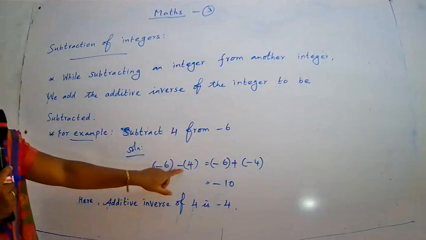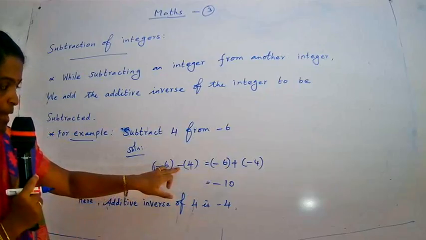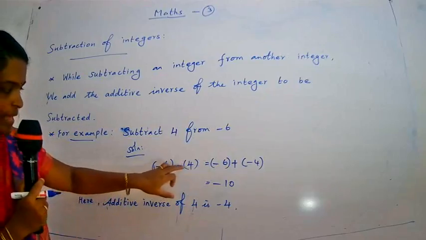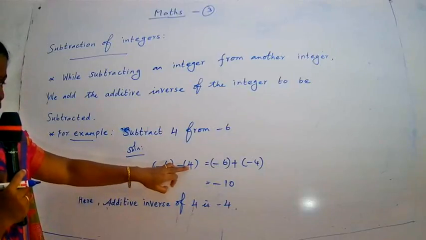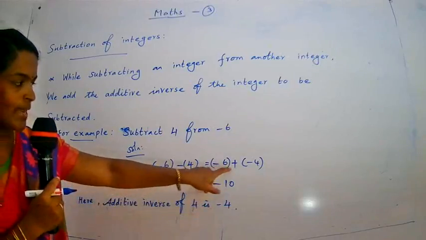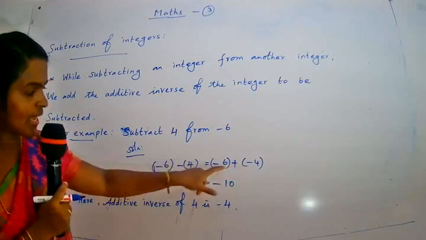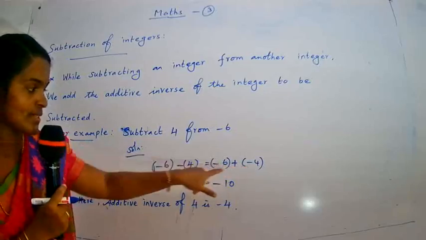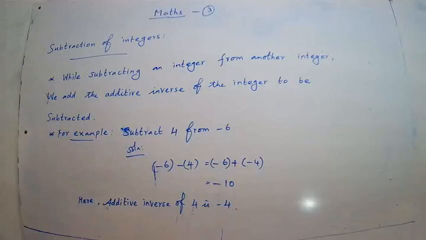So minus 6 minus 4. Okay. So for minus 6, you change the sign to plus. When minus changes to plus, you put the additive inverse. What is the additive inverse of 4? Minus 4. So minus 6, you put the additive inverse minus 4. Now you see that it is the addition of integers. So minus 6 minus 4, your answer is minus 10. Okay. Now clear?